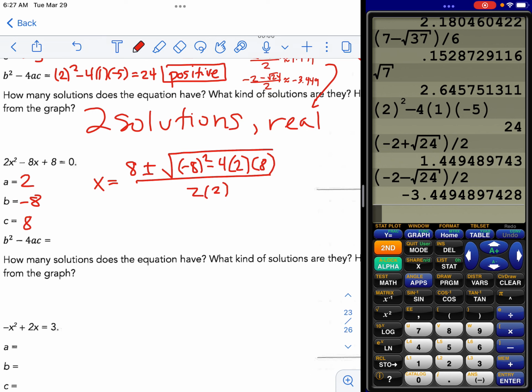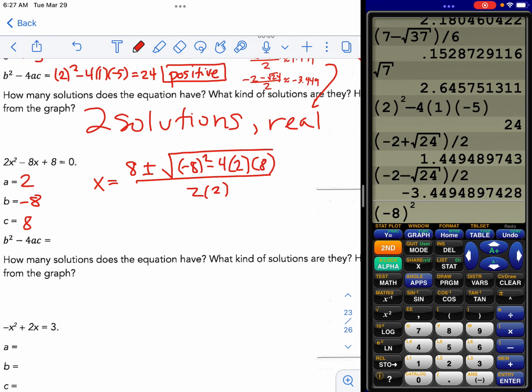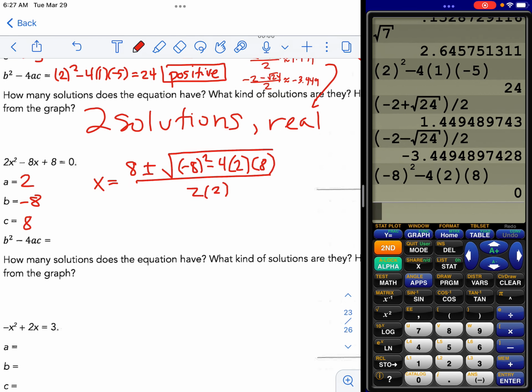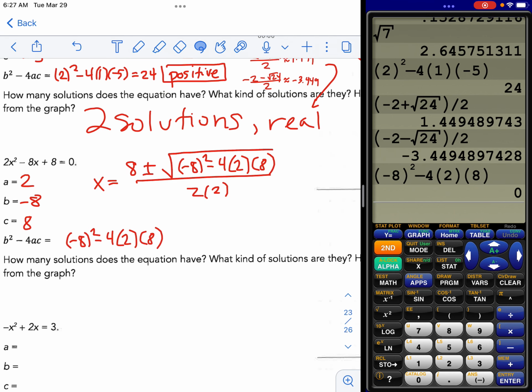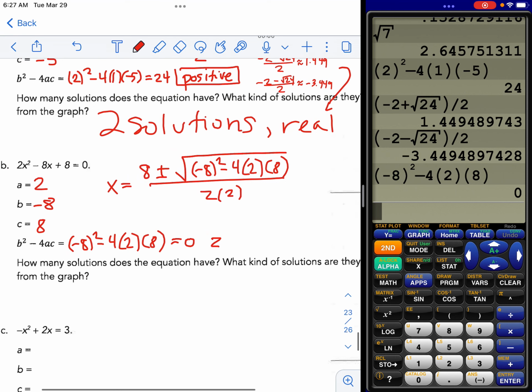When we calculate that, notice that it is 0. So this discriminant, the value underneath the square root, is equal to 0. It's neither positive nor negative, it's 0.